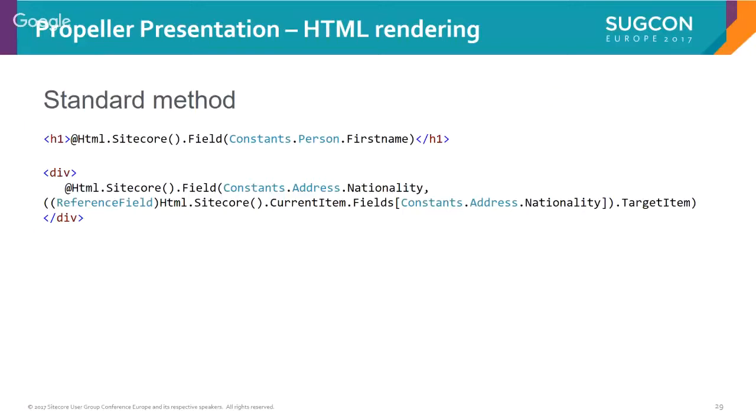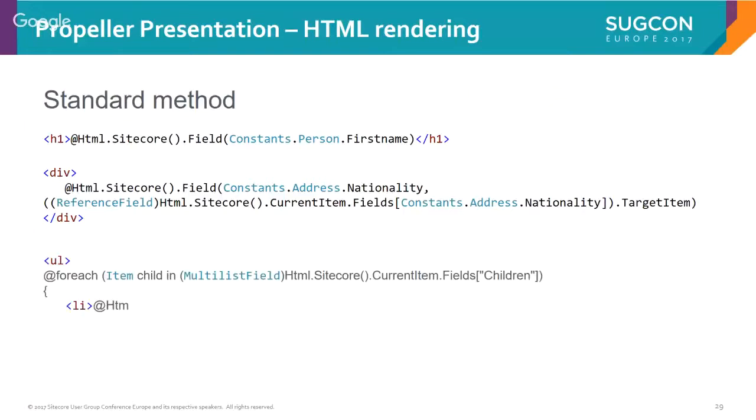Then we need to get that item, pull it out, cast it, and get the target item and throw that into the mix of the helper method to render that out. And again, if we want to iterate over a collection of stuff, we need to cast it to, for instance, a multi-list field and iterate through that, and then do the same kind of thing.